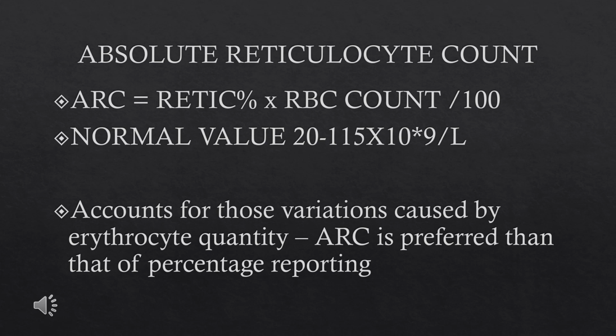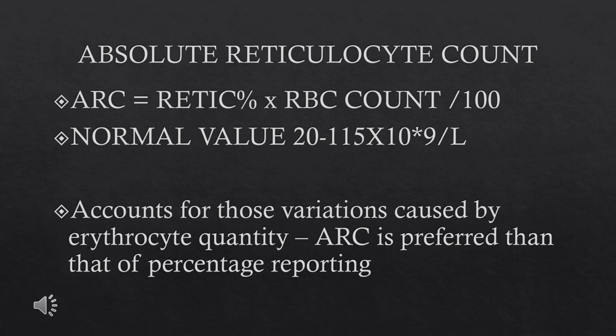So the reticulocyte count we had earlier had a unit of measurement in percent. However, that value may be erroneous because there are fluctuations in the percentage, caused by a change in the total number of circulating red blood cells. So it's not the real count of your reticulocytes. It is only a proportion, only a percentage.